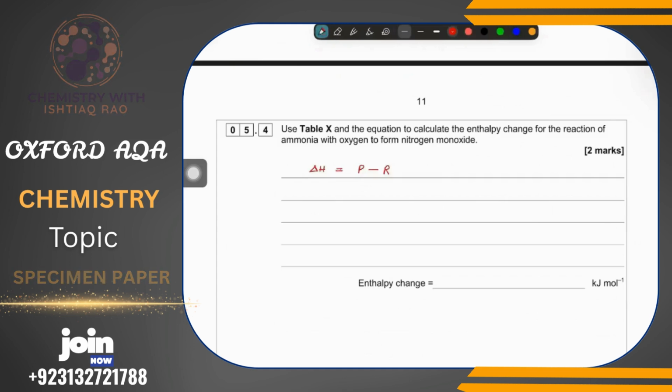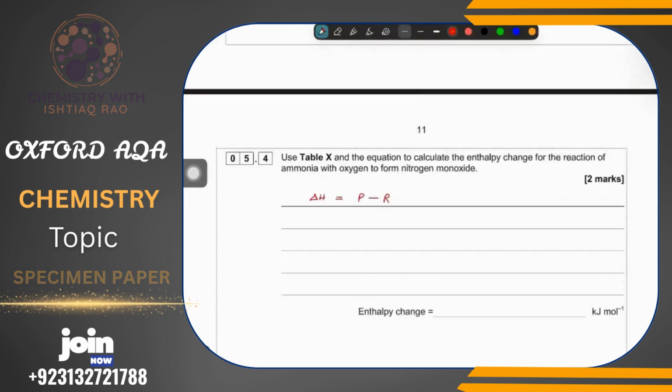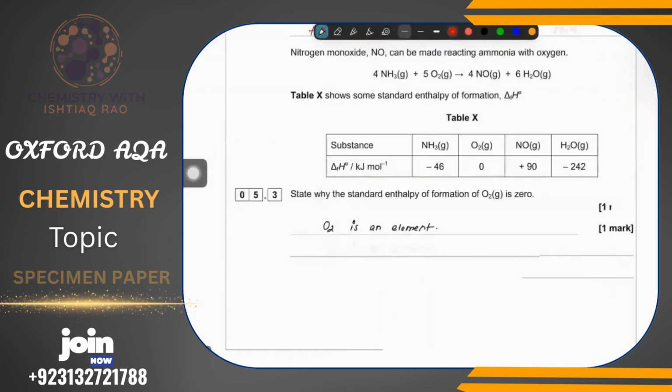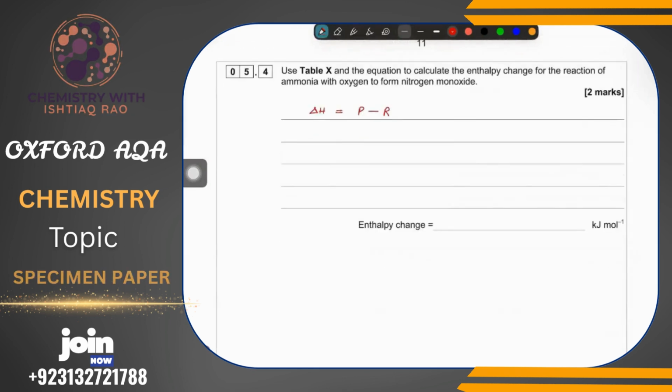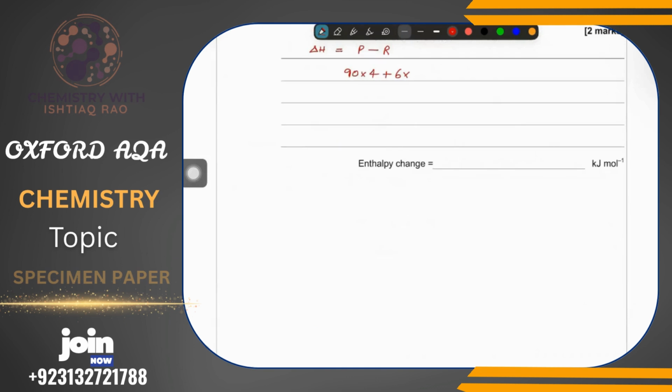I can write the products are NO and H2O. NO is 90 times 4, plus H2O is 6 times minus 242.